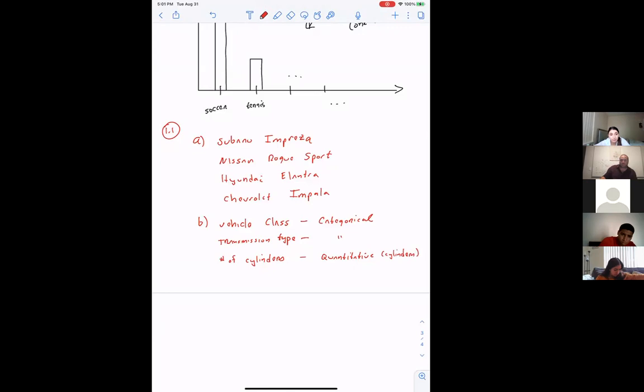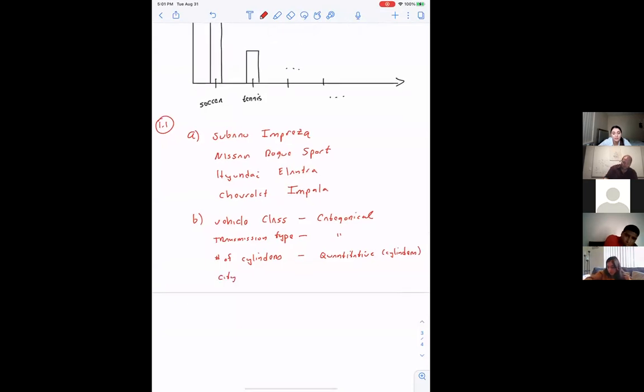Next variable. City MPG. Categorical or quantitative? Quantitative. And what are the units?